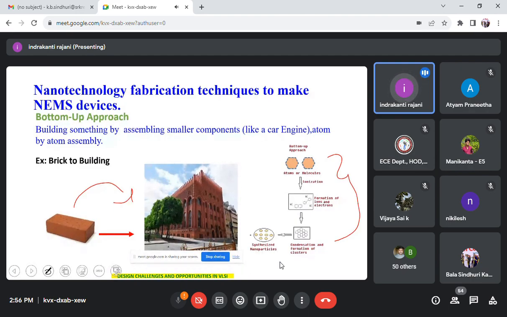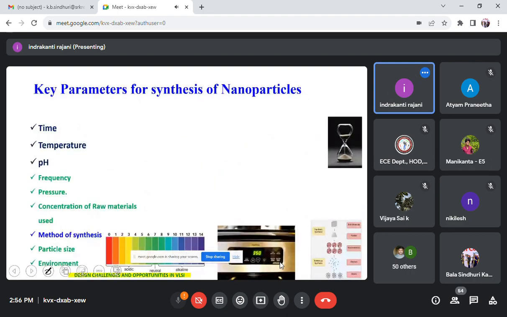But certain conditions and rules need to be followed for this kind of fabrication to reduce from the microscopic to the nanoscopic scale, or macroscopic to the nanoscopic scale. I have given one slide over here with the key parameters for the synthesis of nanoparticles.